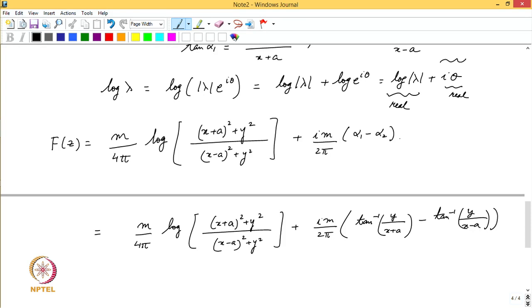Okay. And this should be what we were trying to derive in the first place, phi plus i psi.